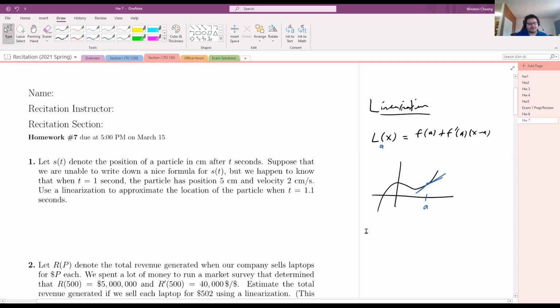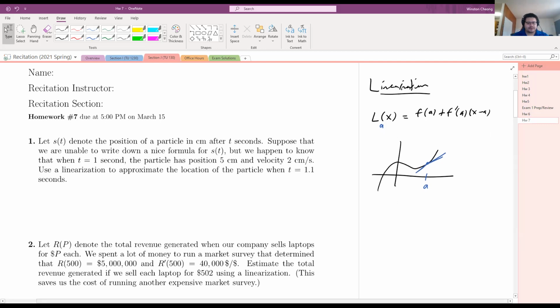But this notation is not usually used, because usually you don't have multiple linearizations. Usually you're only looking at one place, so it's clear from context what you're talking about. So we never write this value a. We never specify.